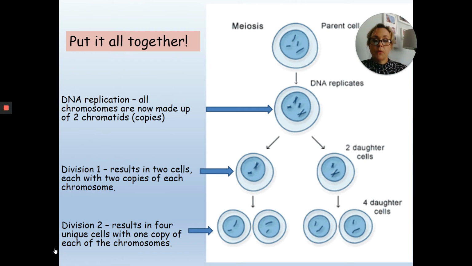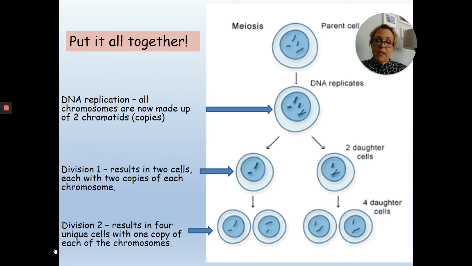So we put that all together, and what you can see is DNA in the very beginning at the top. The parent cell has one copy of each of those chromosomes, okay? The DNA then replicates, so the chromosomes appear in an X shape as they are two chromatids joined together.